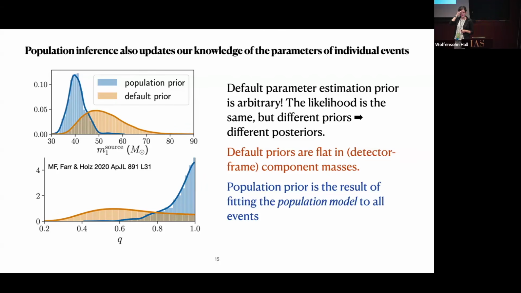Of course, this prior was based on the population inference of the first 10 events. So now if we redid this inference with the 300 events, we would get something different for our best guess of the parameters of that individual event, because our knowledge of the population is constantly evolving.